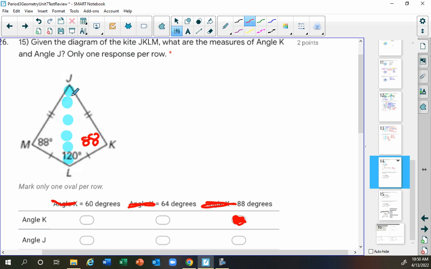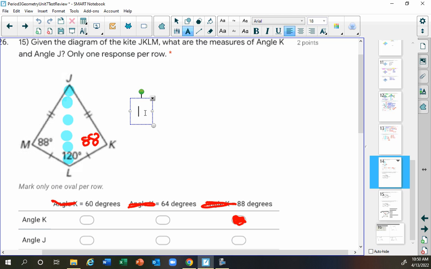Here is what you need to do to get angle J. Well, what must the sum of all four angles equal? So J plus K plus L plus M must all add up to how many degrees? Any four-sided polygon. Think about a square, rectangle.